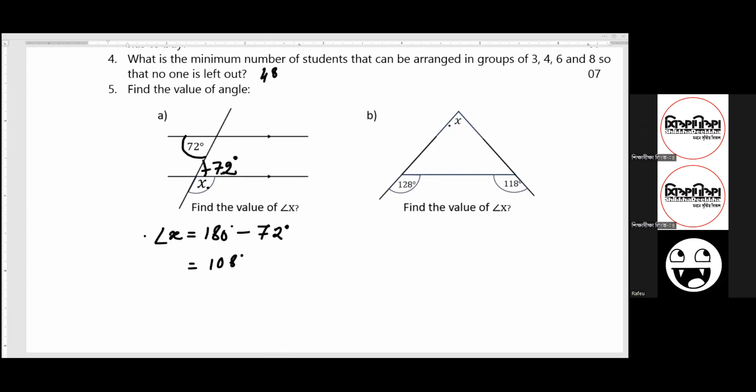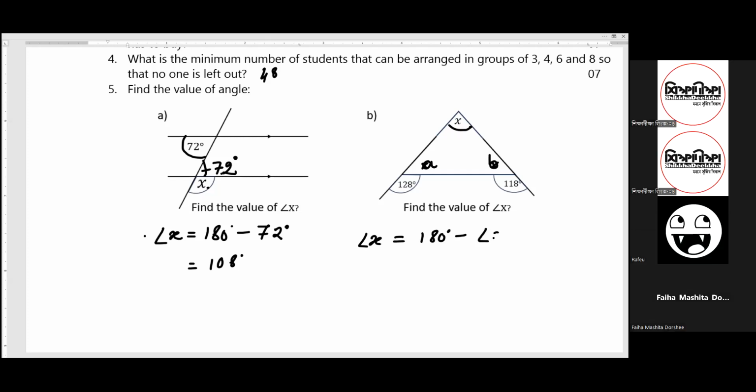First we need to understand that this x is actually supplementary to the sum of both, right? If this one is A and this one is B, we can say that x is equal to 180 minus angle A plus angle B, right? Now we need the values for A and B. Angle A is 180 degrees minus 120 degrees, as it is the supplementary angle for 120 degrees.